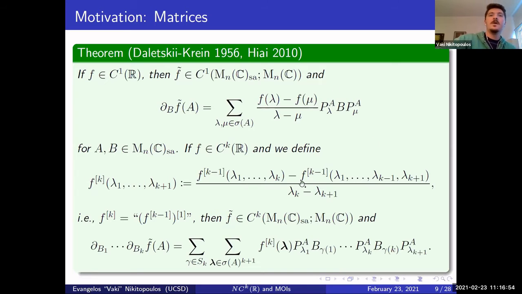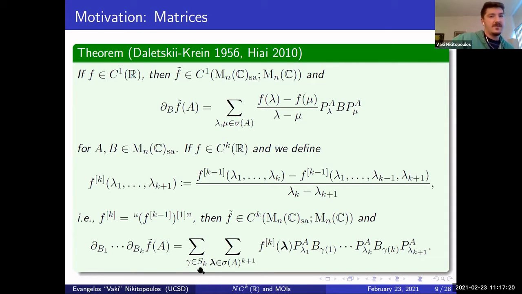Okay. So then the conclusion is that if f is C^k, f tilde is C^k from matrices to matrices, and the formula for the kth directional derivative in the directions B_1 through B_k is first a symmetrization in the input directions. This is a standard feature of Fréchet derivatives. They're always symmetric in the directions, so you can more or less ignore this.